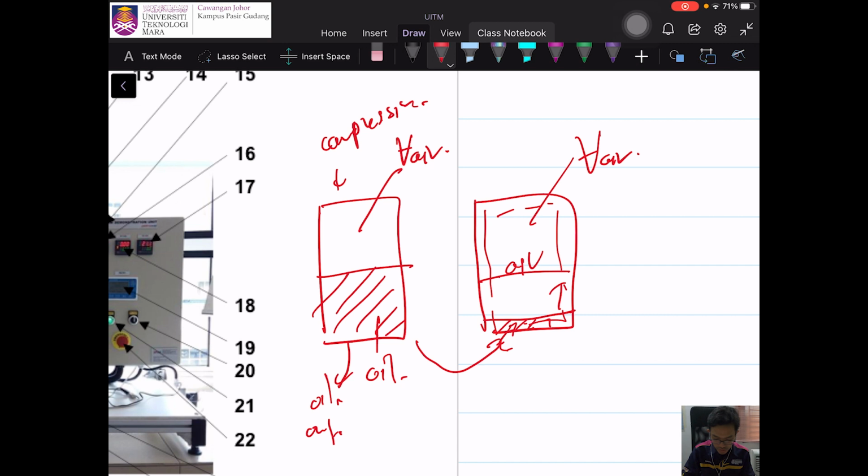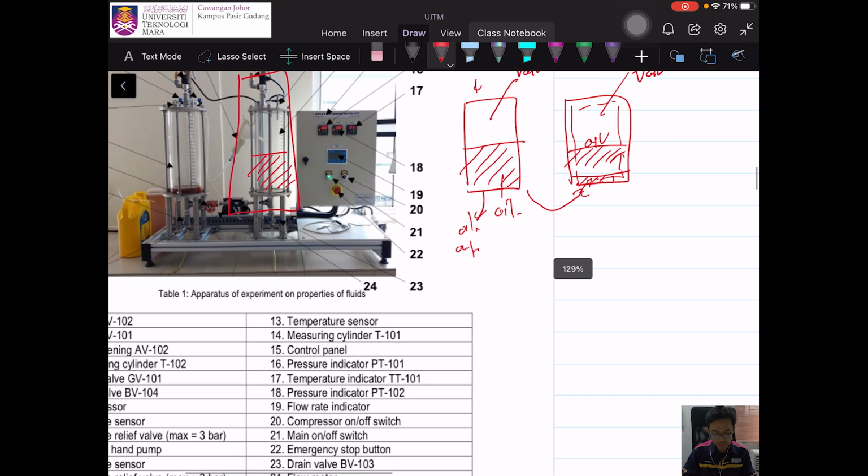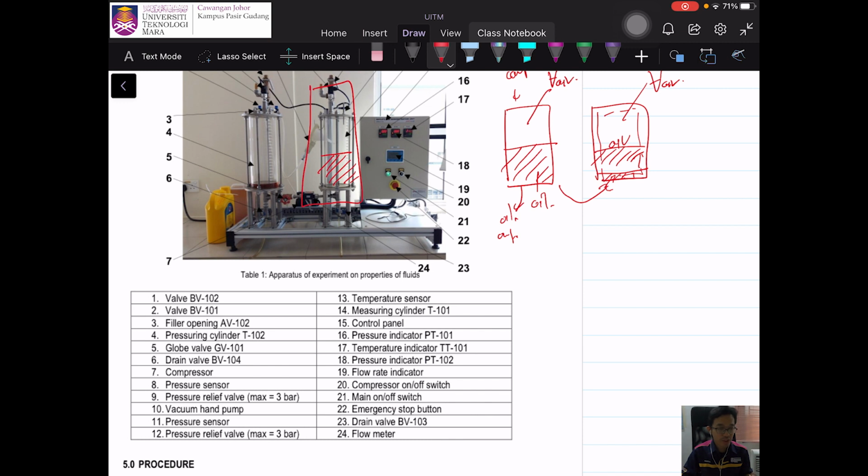As more oil is put into the measuring cylinder, your volume of air is reduced, but your mass is still constant, because this is a closed system and there is no leaking. This is your assumption, no leaking, to make sure that the mass is constant. At the same time, when you run the experiments, you need to make sure that your temperature is constant. You will see a slightly different value of temperature, but the difference should not be large.